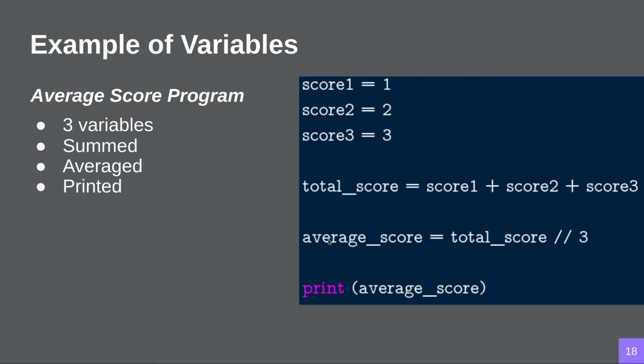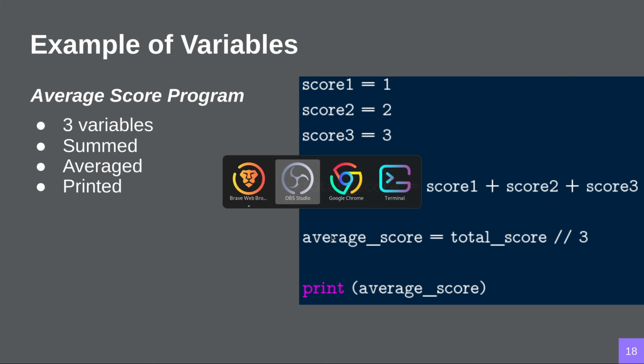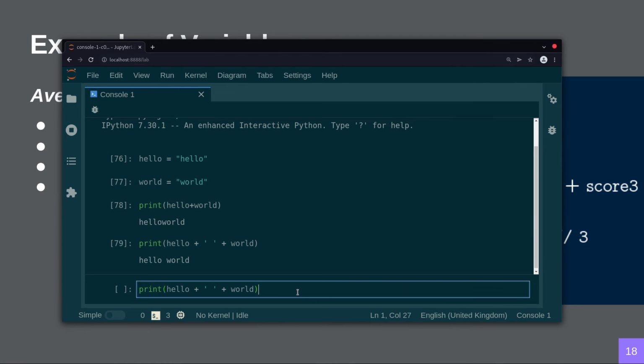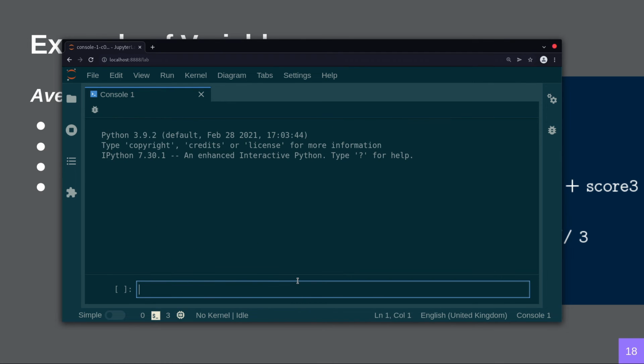So I'm just going to show you a quick program that I'll put together about scores. So let's say score1 equals 50. score2 equals 30. Okay. Average score equals score1 plus score2.